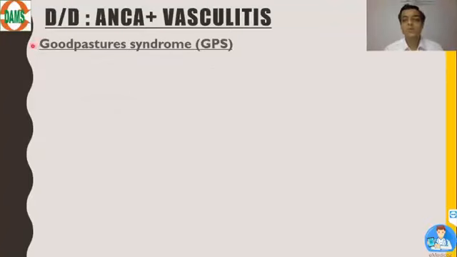Answer is Goodpasture syndrome. The differential diagnosis is Goodpasture syndrome. So ANCA positive vasculitis can mimic Goodpasture syndrome.